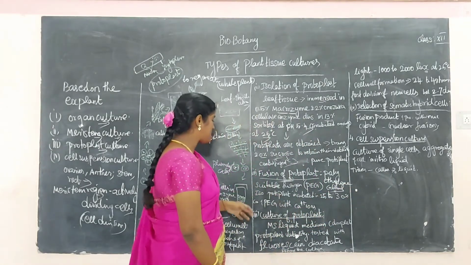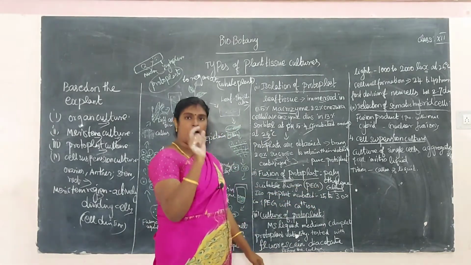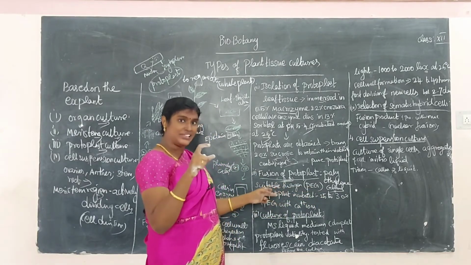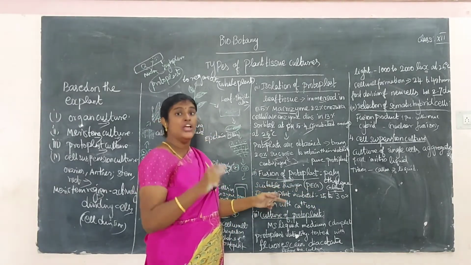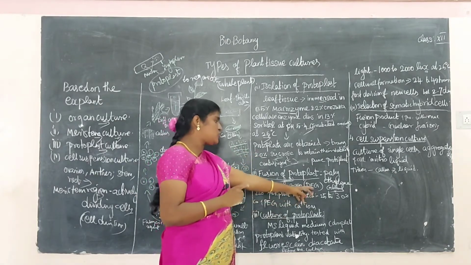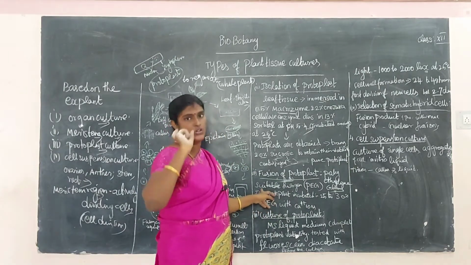Polyethylene glycol acts as a fusogenic agent. A fusogenic agent means it causes fusion of protoplasm. For protoplasm fusion, which one is important? PEG is very, very important. This is a suitable fusogen.